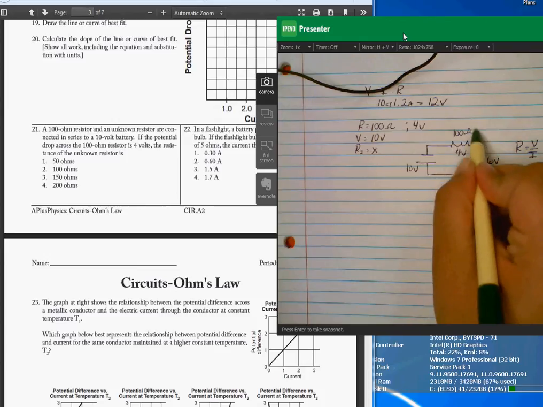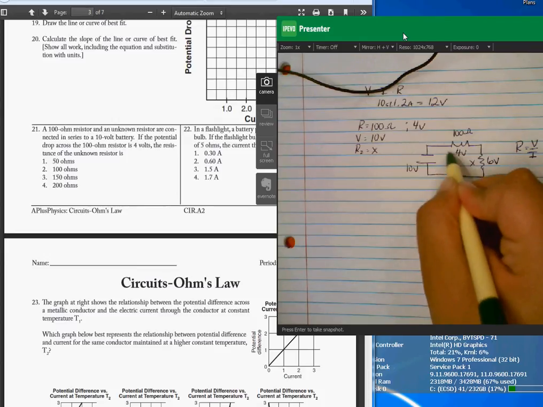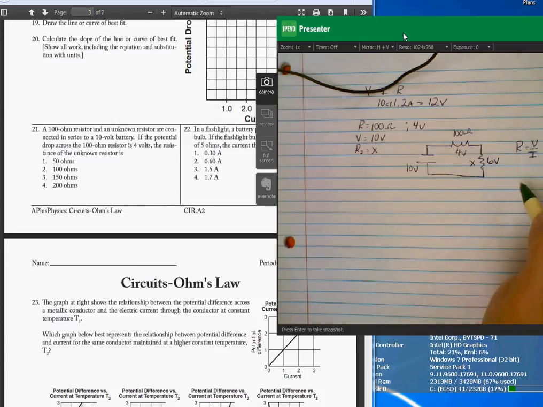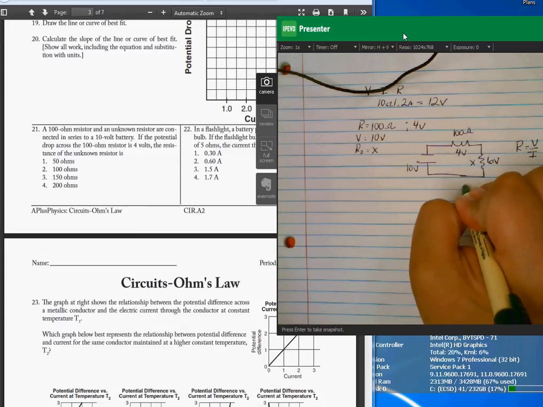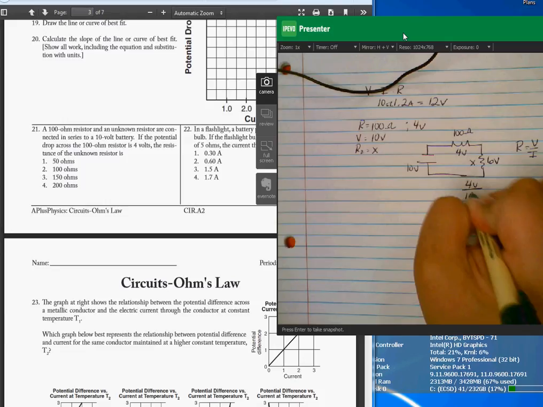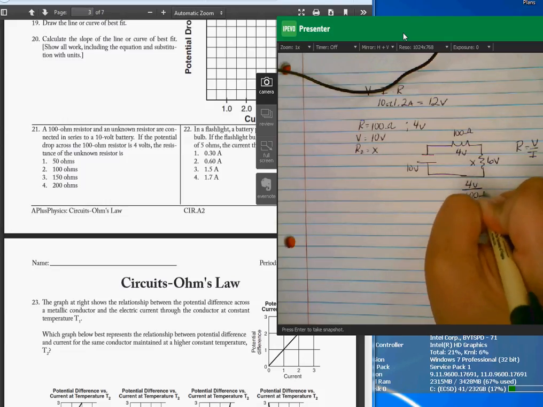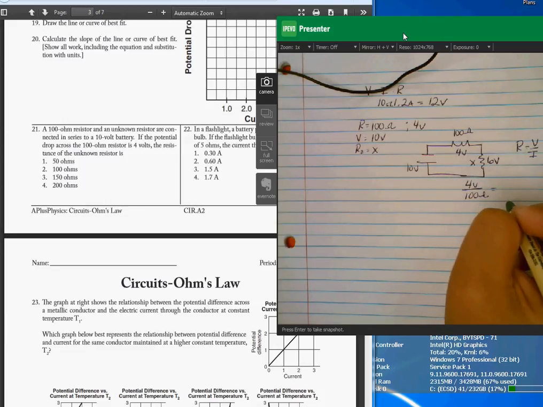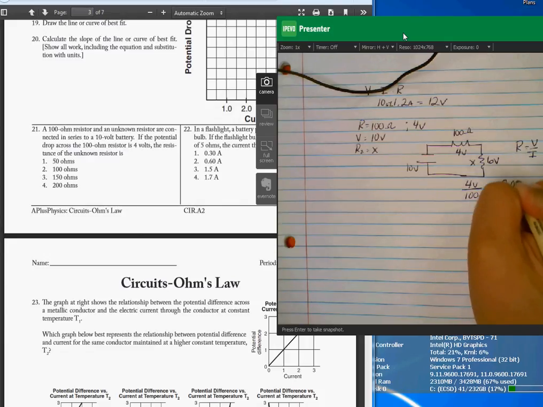So I can figure out the current based on this resistor, and then I can use that for this one. So 100 ohms is our resistance, and we have 4 volts, and so we're going to do 4 divided by 100 ohms, and that's going to give you a current of 0.04 amps.